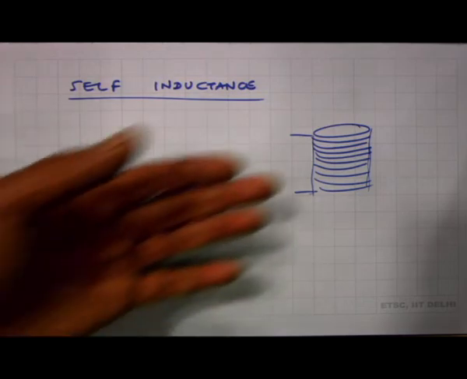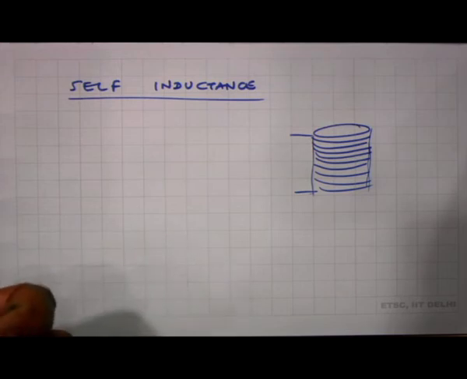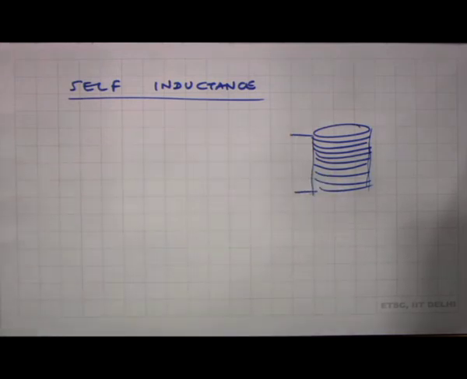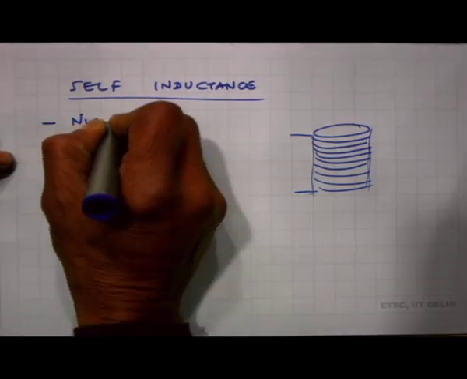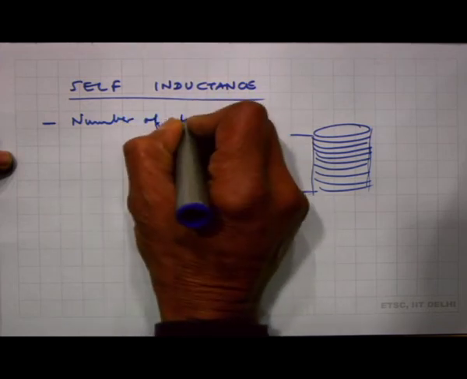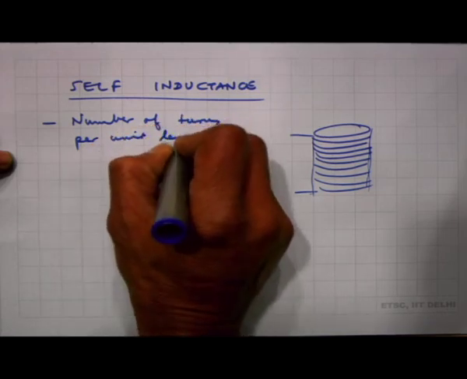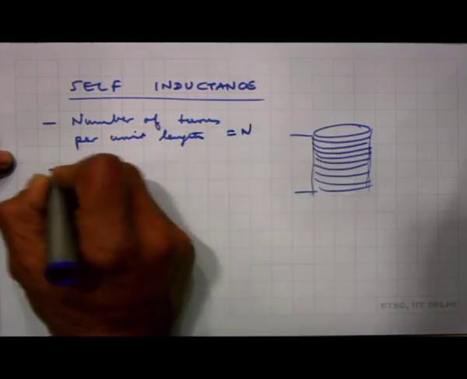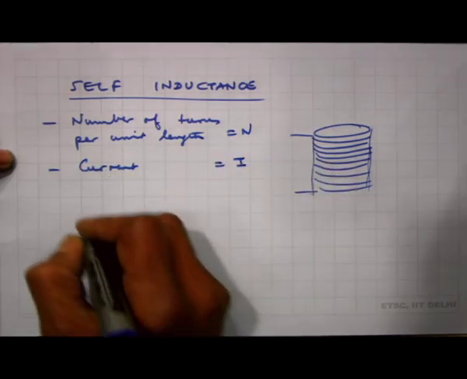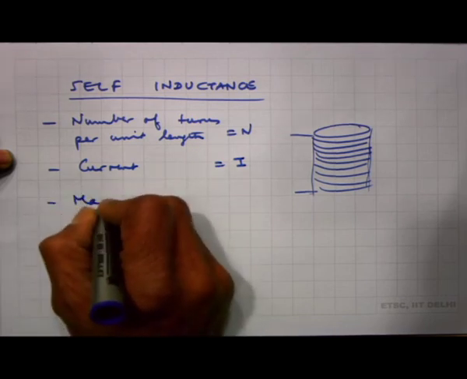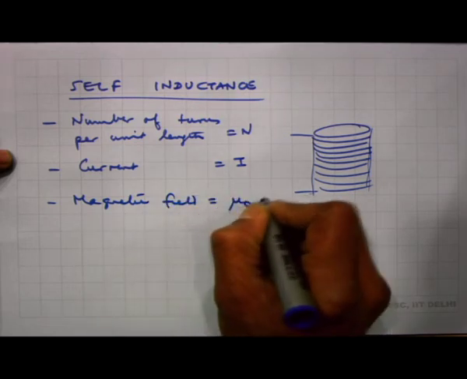So, the magnetic field generated by the solenoid is also forming a part of the flux that is passing through the same solenoid. Suppose I assume that the number of turns per unit length is equal to n and current is equal to I, then the magnetic field is equal to mu naught n I.